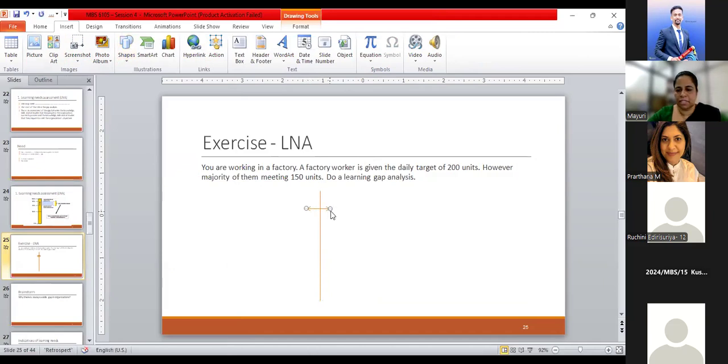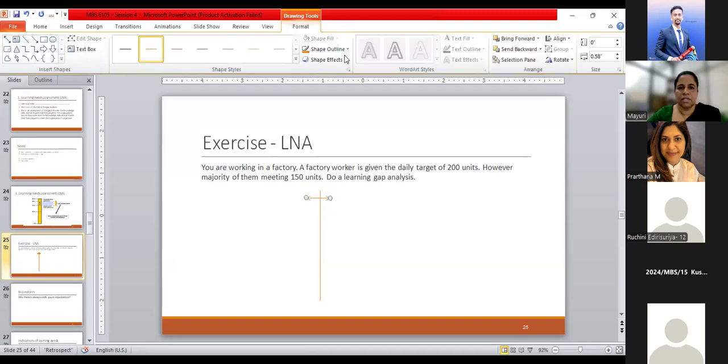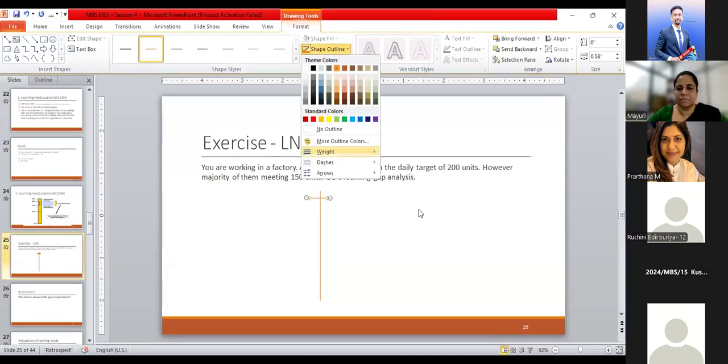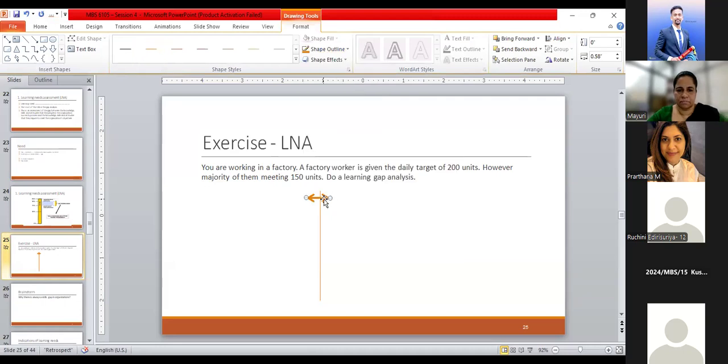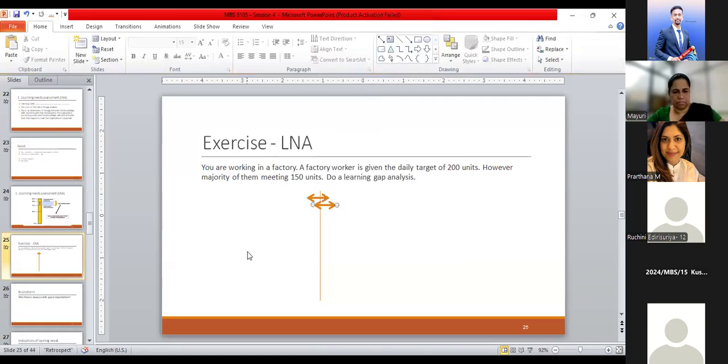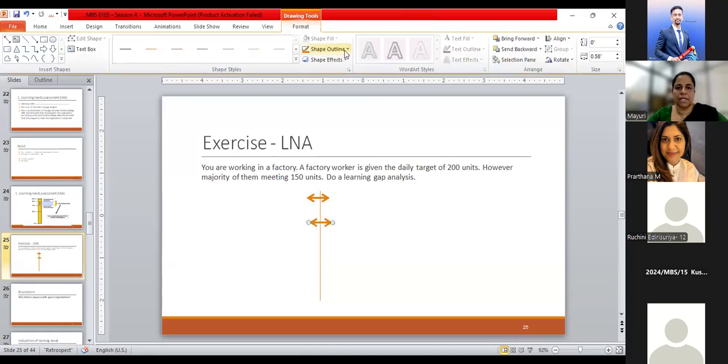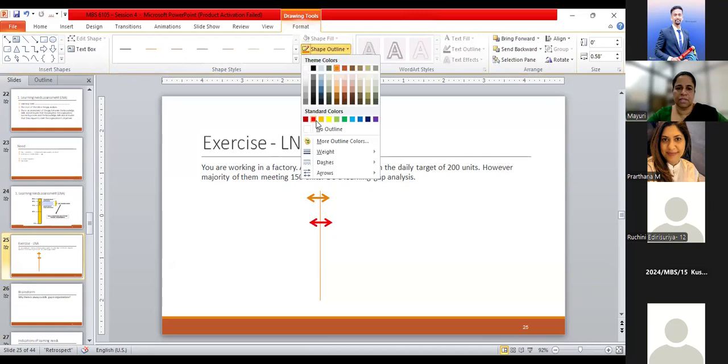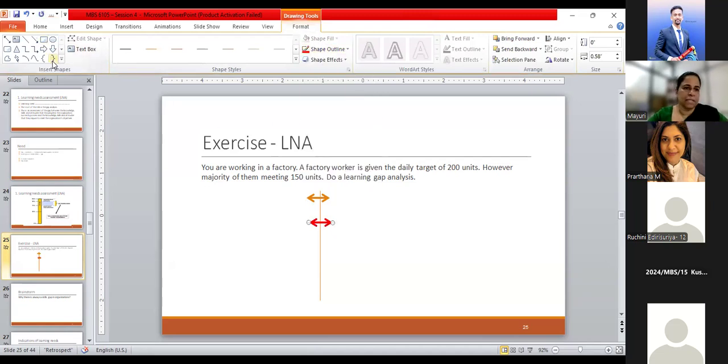Currently, what is the actual? 150, ma'am. ඔගොල්ලෝ numbers උත් ලියා ගන්න. 150. එතකොට මෙන්න මේකට අපි කියනවා learning gap එක කියලා. So we call this part a learning gap.